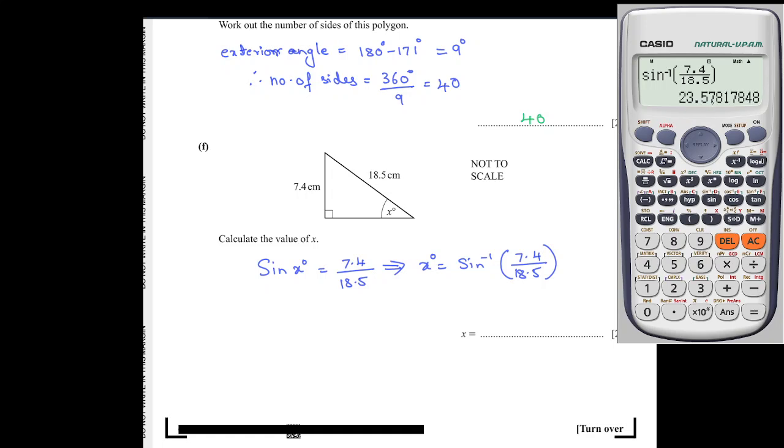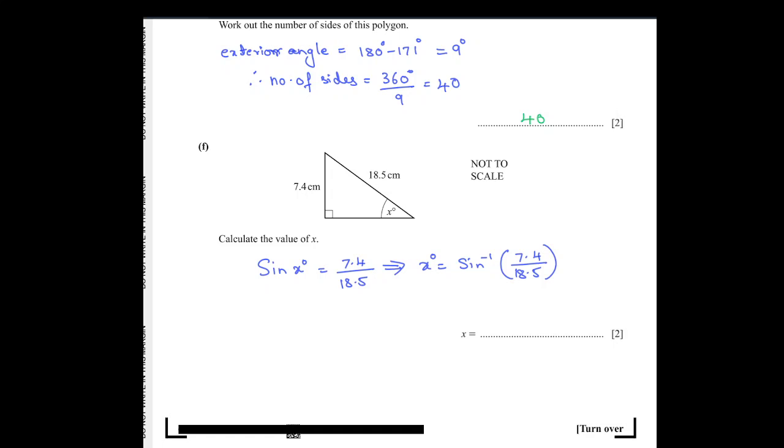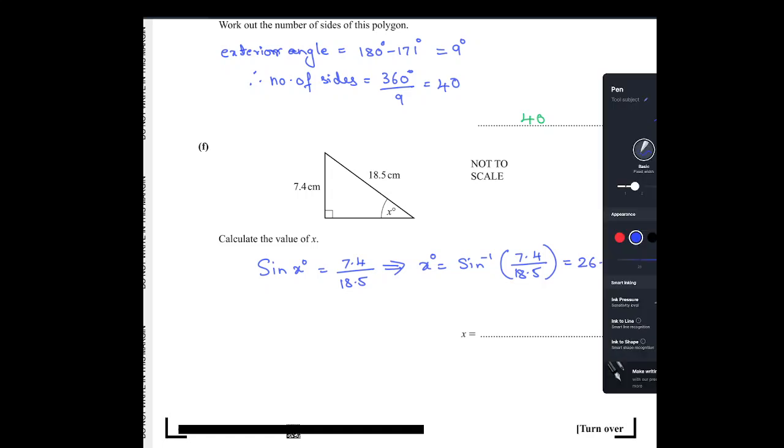You get 23.5781. So 23.57 can be rounded to 23.6. So 23.57 is the answer.